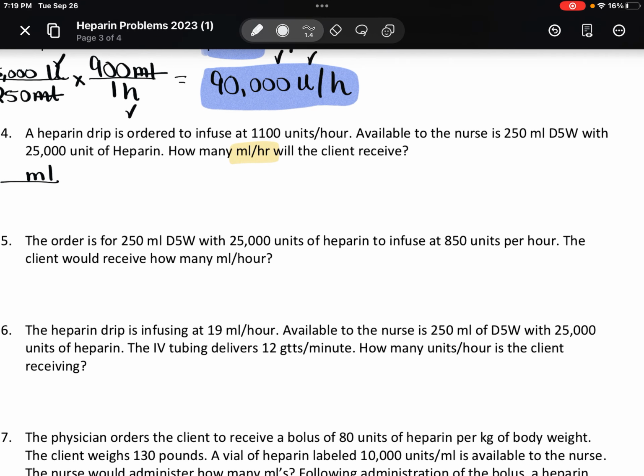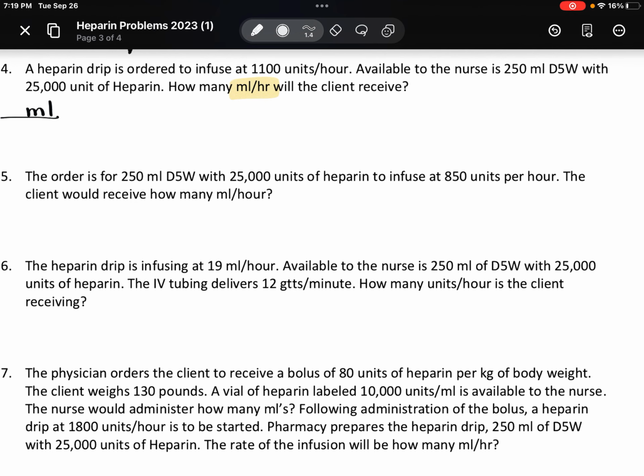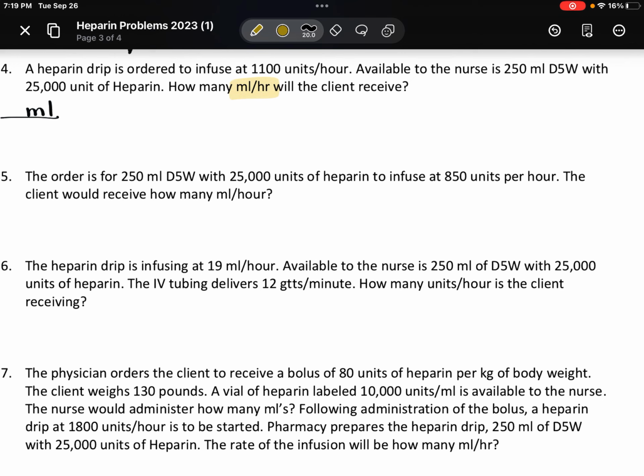Okay, so where in my problem is there milliliters that I can use? I know that what I have on hand is 250 milliliters of heparin, 250 milliliters with 25,000 units of heparin in it.